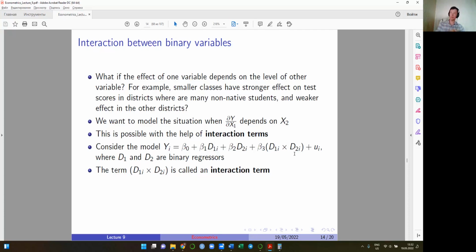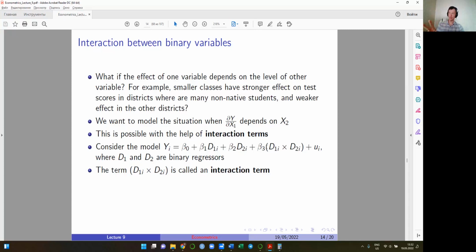Because in the case of that birth weight regression, we might see if smoking for a lady who consumes alcohol has a different effect on the birth weight compared to a lady who smokes but does not drink alcohol.